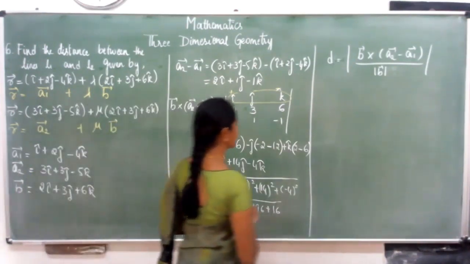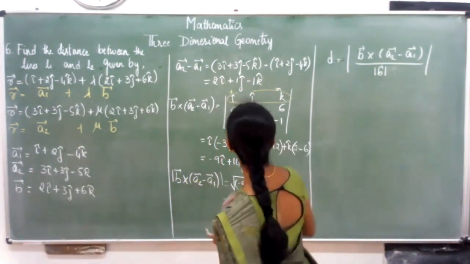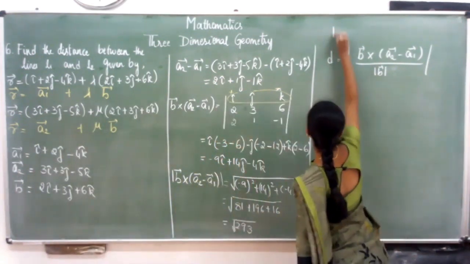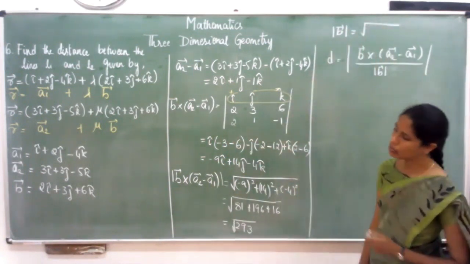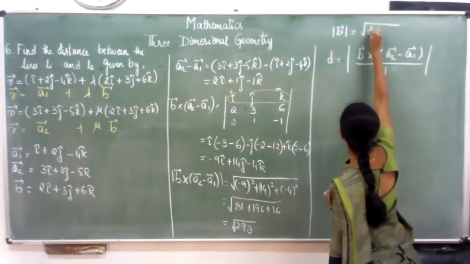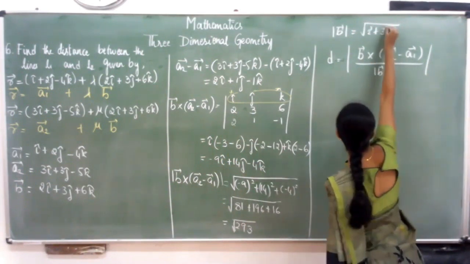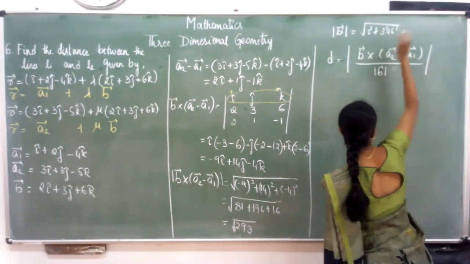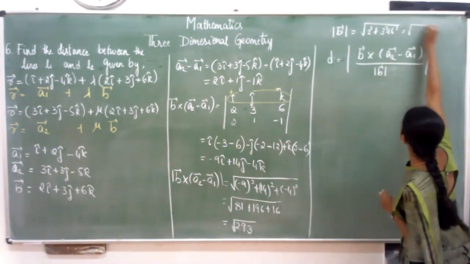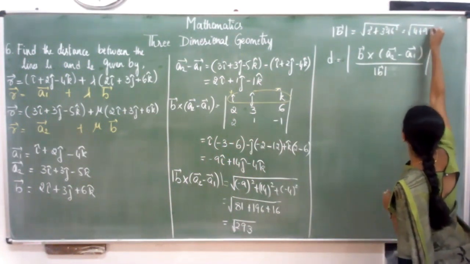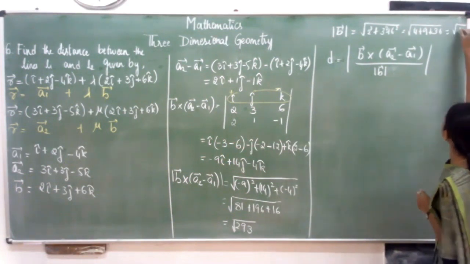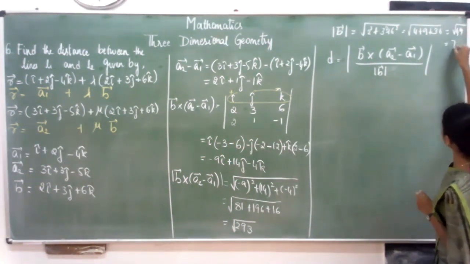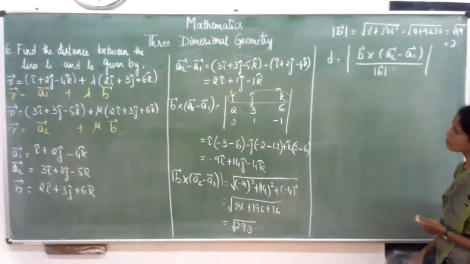Okay, after this, let us find the magnitude of vector B, since we need that. The magnitude of vector B is given by root of 2 square plus 3 square plus 6 square, which is 2 square 4, 3 square 9, 6 square 36, which is nothing but root 49, which is 7.